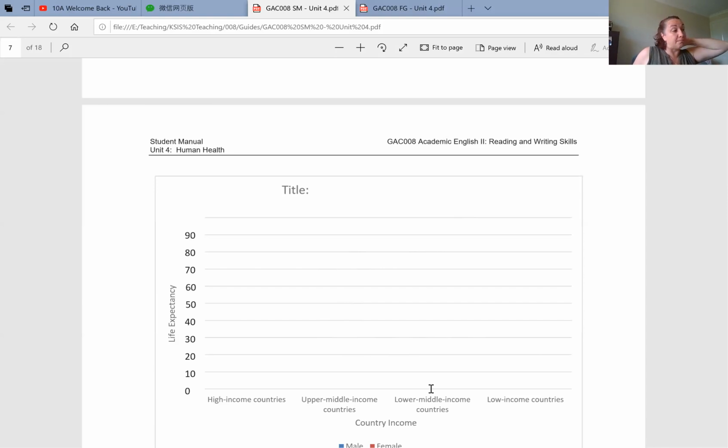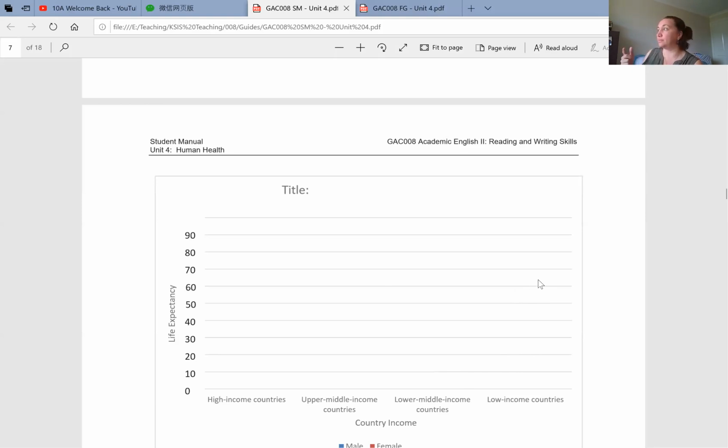The females for both these groups are likely to live 4 years longer than males. The lower income countries group has the lowest life expectancy with 60 for males and 63 for females.